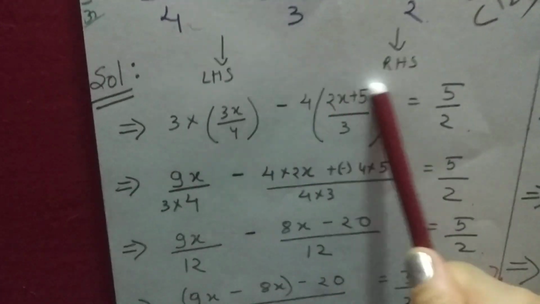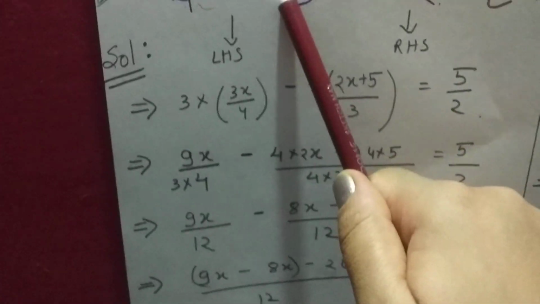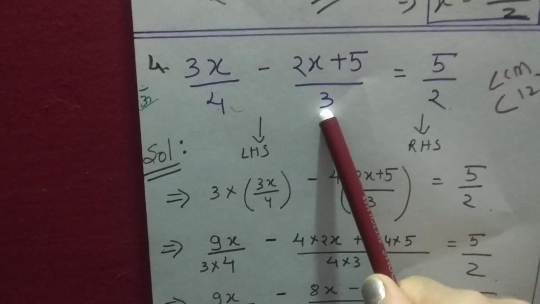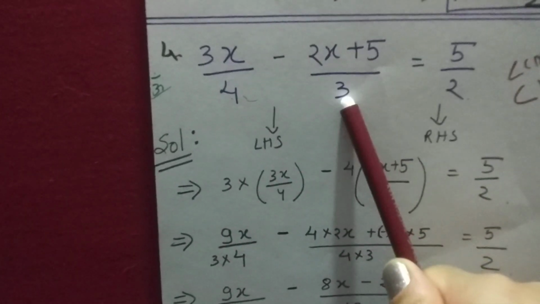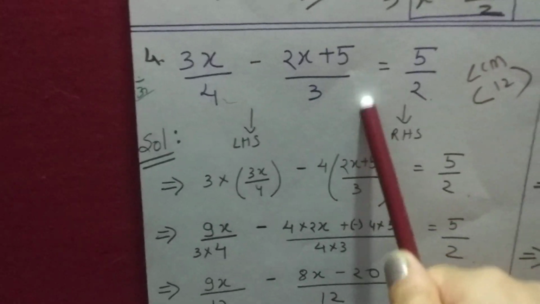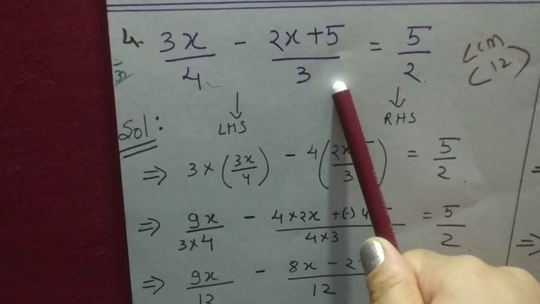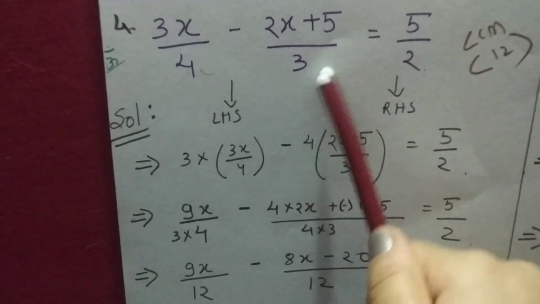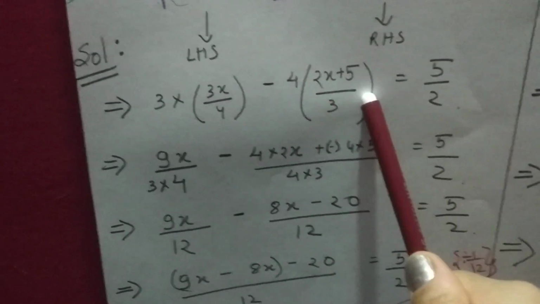Similarly, if we move to this term, as you can see, this term 3 is present and we have to make it as 12. अब इसको 12 में convert करना है, so what we have to do is 3 को 4 से into करना पड़ेगा, because 3 4s are 12. And अगर denominator में भी 4 को into करेंगे, so numerator में भी respectively 4 को into ही करना होगा.